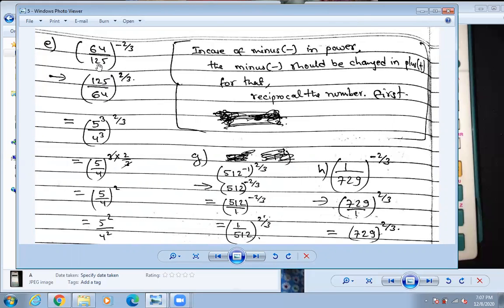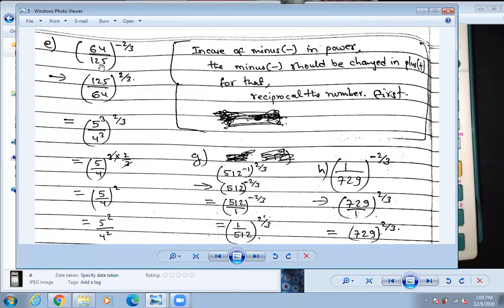So if there is 64 divided by 125 power minus 2 by 3, then this minus should be removed first. Before changing this minus into plus, we need to reciprocal the number. 125 must be written up, 64 must be written down, so 125 divided by 64, power 2 by 3.